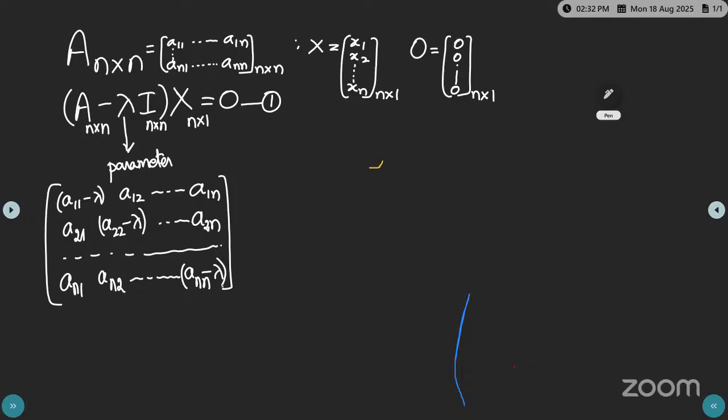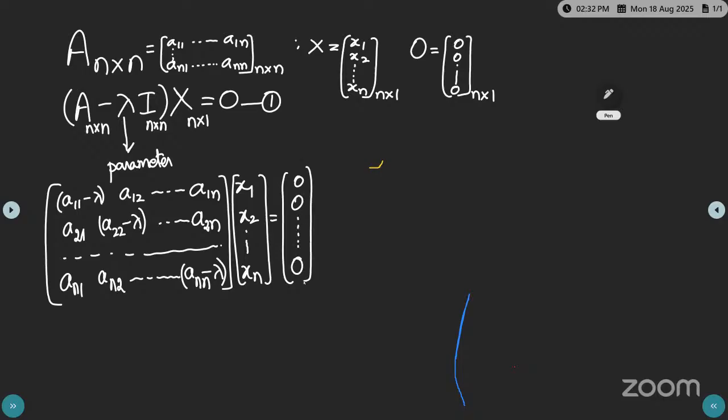Okay. What is x? x1, x2, and so on, xn must be equal to 0, 0, and so on, 0. This is of order n by n. This is n by 1. This is again n by 1.